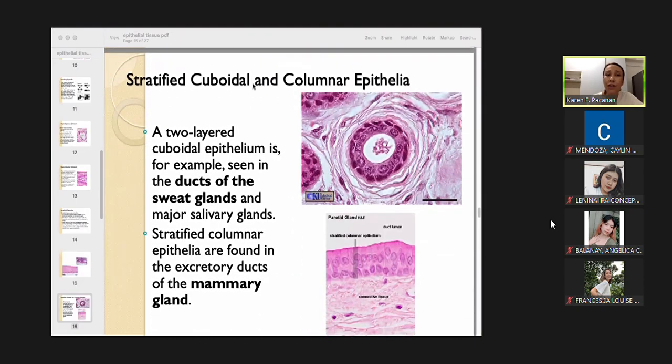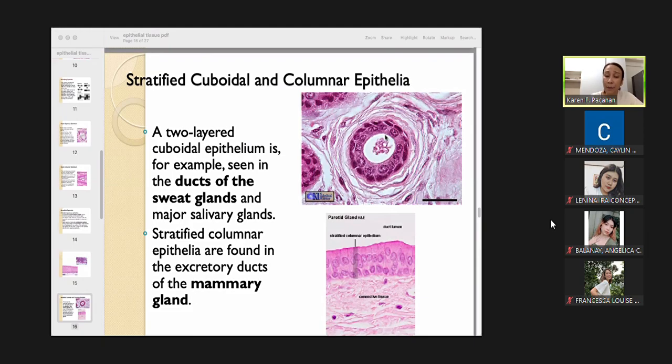For these two other types of stratified epithelia, stratified cuboidal and stratified columnar, they are just found lining some of the glands. The one I presented in the picture yesterday was the major salivary gland lined with stratified cuboidal. So what are the characteristics of stratified cuboidal?